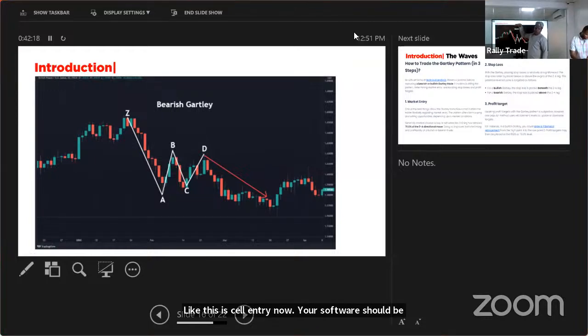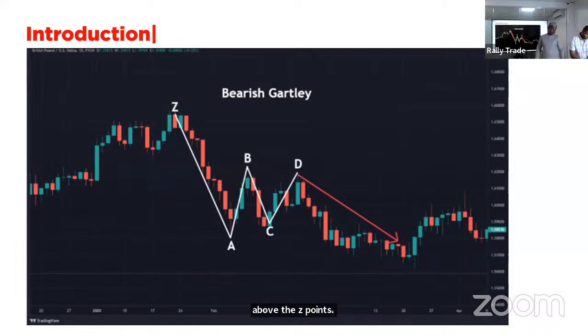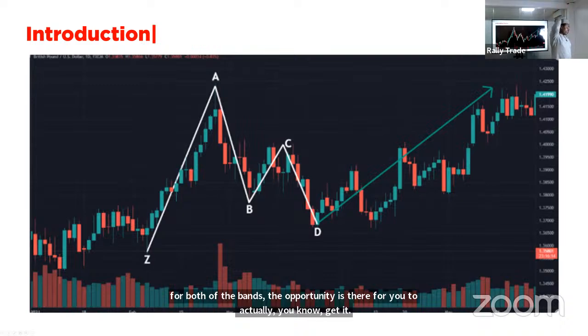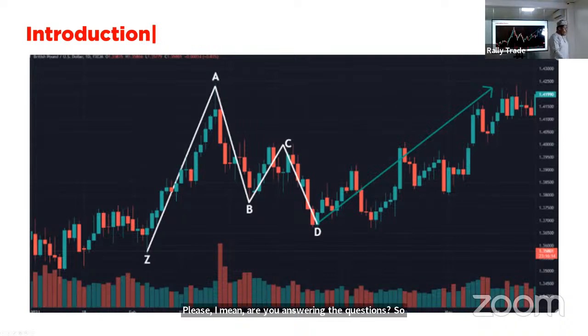It's very important too. But if it is for buy, your stop loss should be below what? The Z point. Don't forget that. So for both buy and sell, the opportunity is there for you to get it. Please, are you answering the questions? All questions are being answered by Mayowa online.